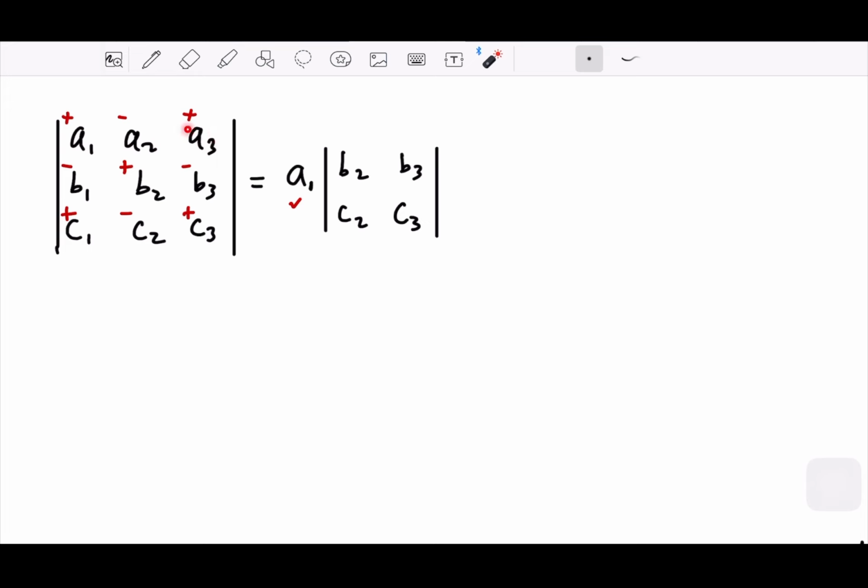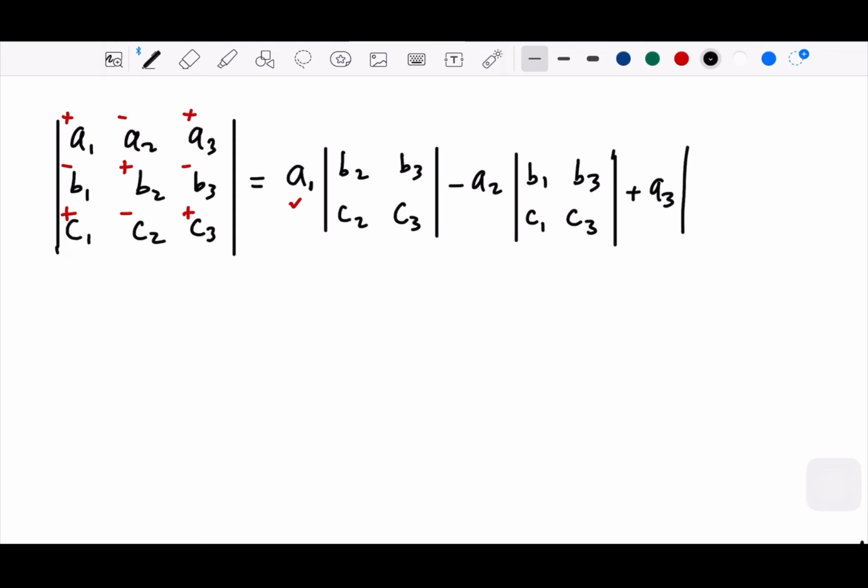So we cover this part and this part. Okay, so minus A2, and then this will be B1, B3, C1, C3, and then plus A3. A3 is B1, B2, C1, C2.